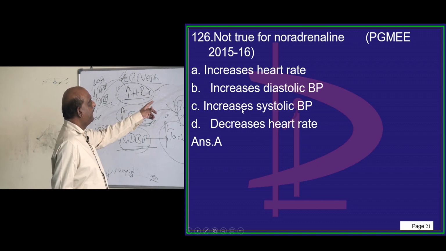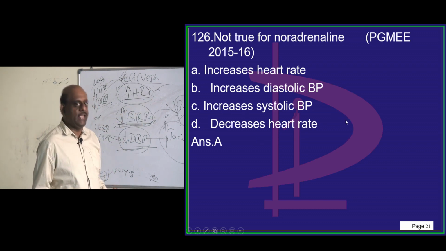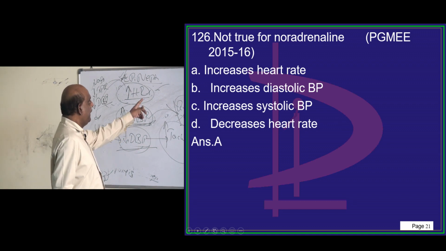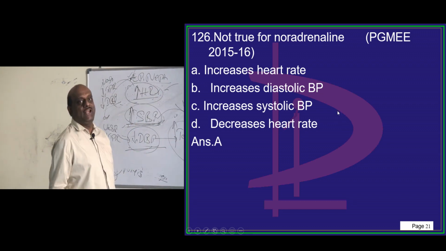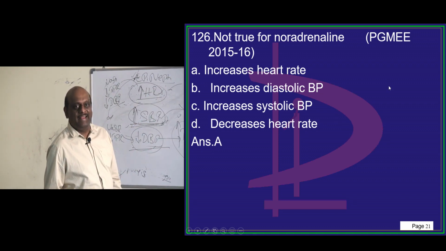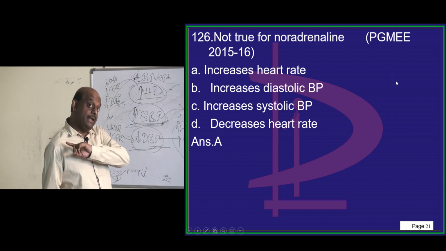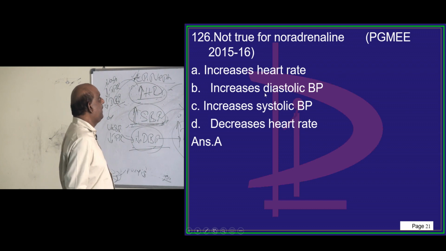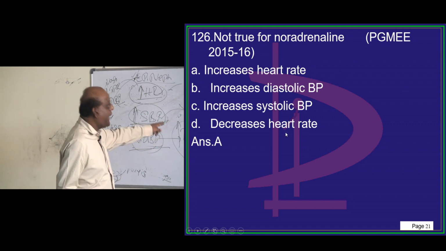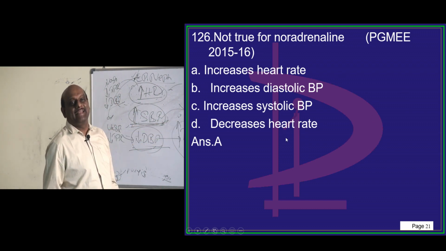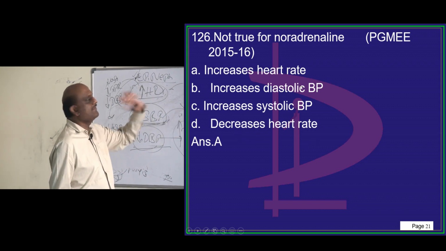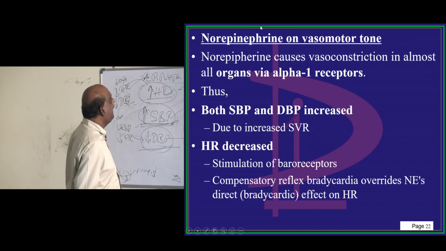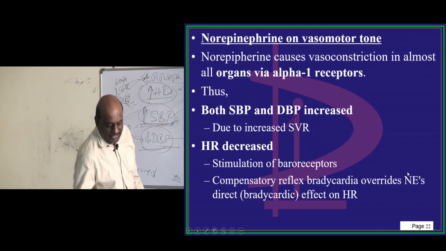Noradrenaline increases systolic BP just like epinephrine, but it increases the diastolic BP. It does not decrease the diastolic BP. Epinephrine decreases diastolic BP, but norepinephrine increases the diastolic BP, and because of that it leads to reflex bradycardia. So there is a decreased heart rate due to noradrenaline, which is what you need to remember.